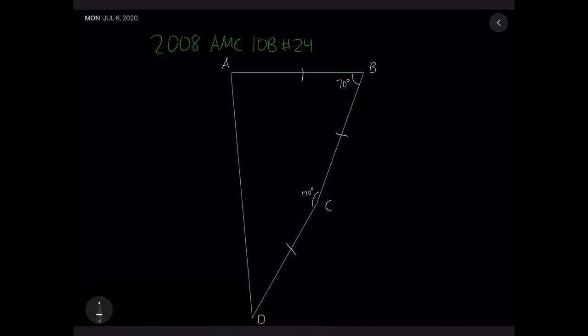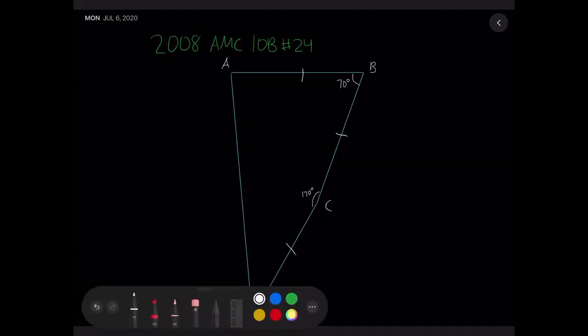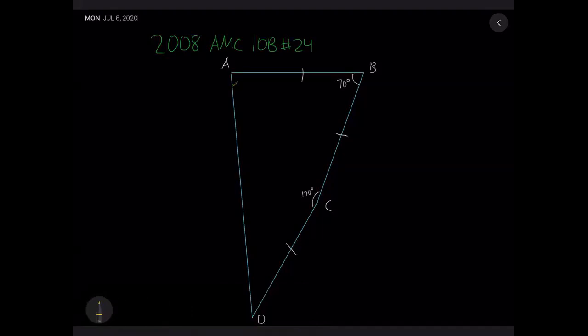Angle ABC is 70 degrees, and angle BCD is equal to 170 degrees. And we want to find angle BAD. This one's significantly harder. If you're really good at this, it'll probably take a couple minutes.